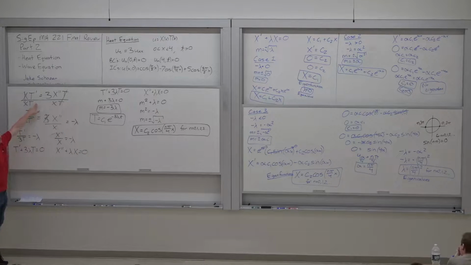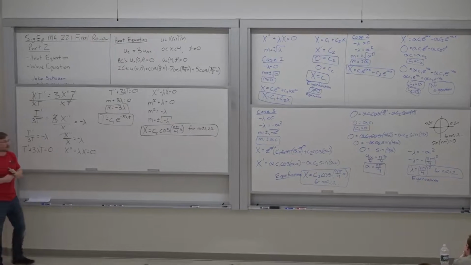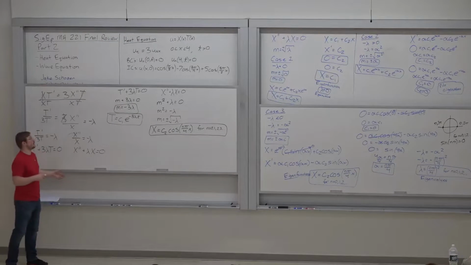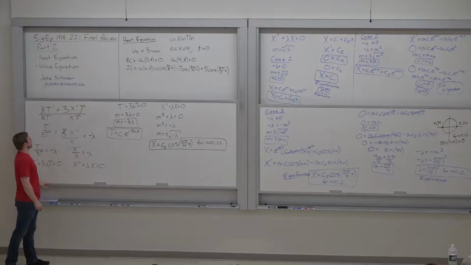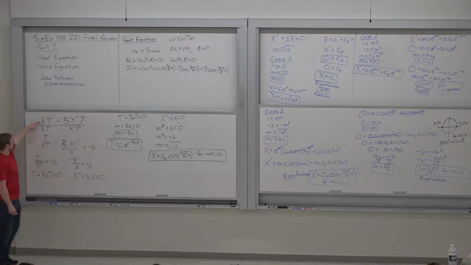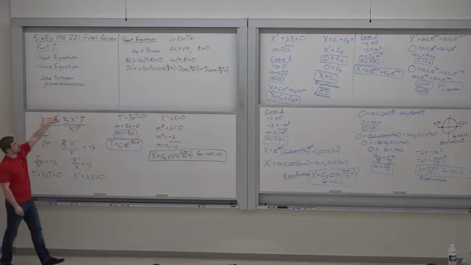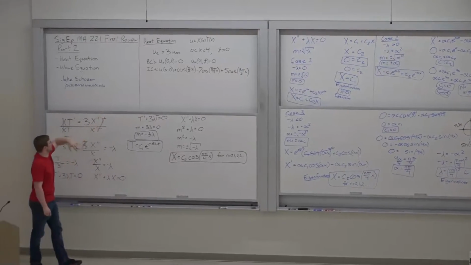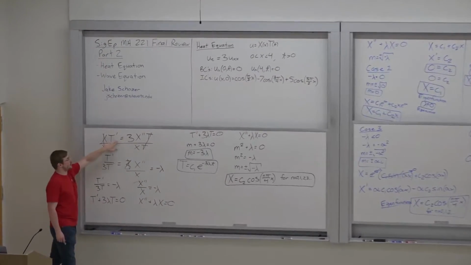So the way we got to this was just our separation of variables. Separation of variables is the same thing that we did on test 3, where the first thing I did was rewrite the equation I was given, u_t equals 3 u_xx, in terms of x's and t's.